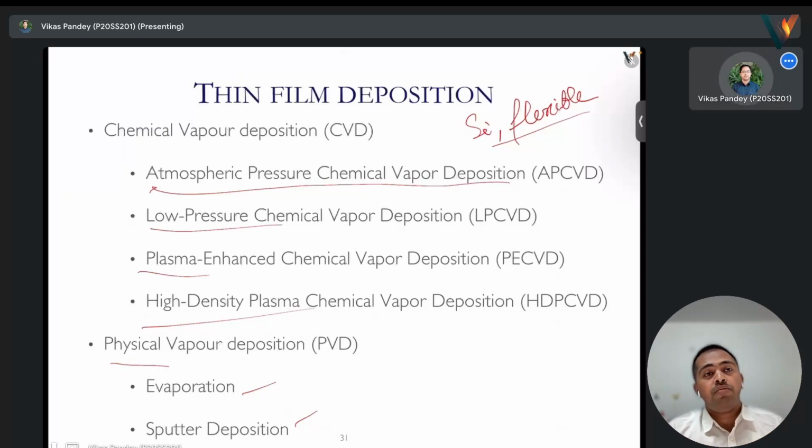Or sputtering, in which case we are hitting it with some ions or plasma and removing the material layer by layer, molecule by molecule, and then depositing it over our desired substrate. Okay, we will see some types of this.